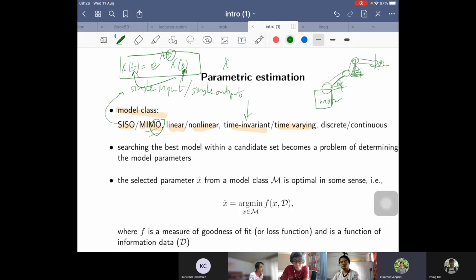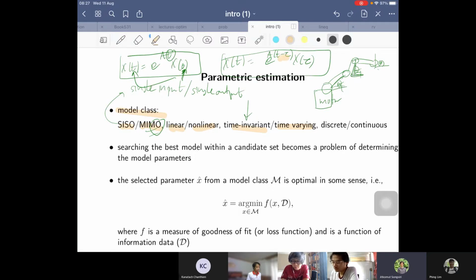If you move from x(tau), the solution would be x(t) equals e to the A(t minus tau) x(tau). This is the result from linear systems.